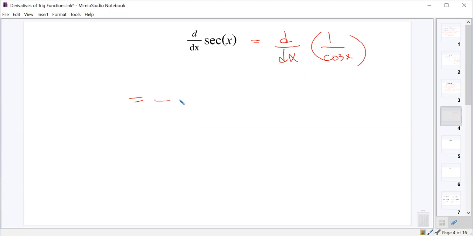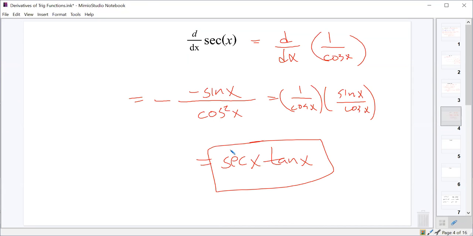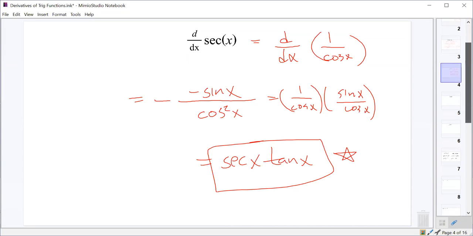It says negative derivative of the denominator, which is negative sine x, divided by denominator squared, which gives us positive, and it gives us, let's see, 1 over cosine times sine over cosine. And this is normally rewritten as secant x tangent x. So the derivative of secant is secant times tangent. Another one you need to have memorized. So we got 4 of the 6 now. Any questions or issues on that?